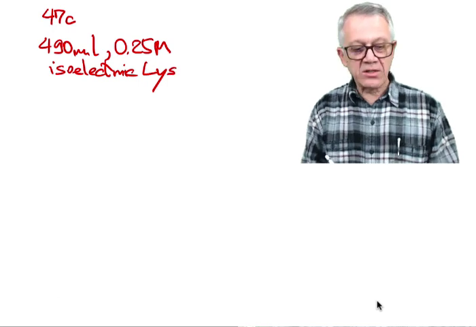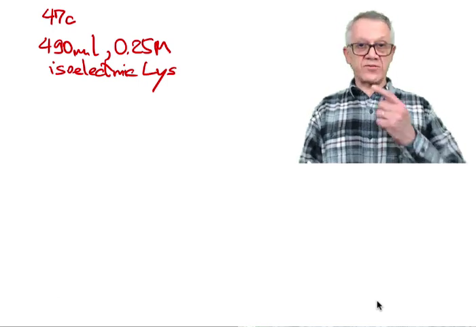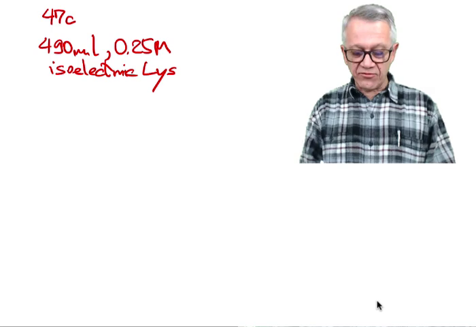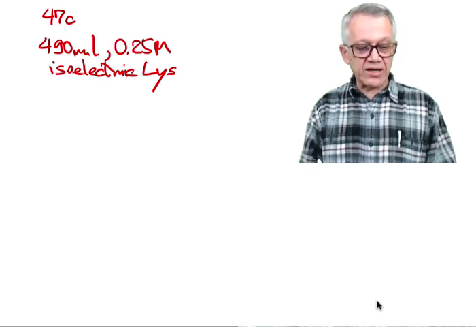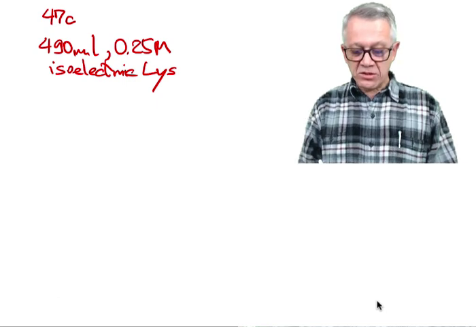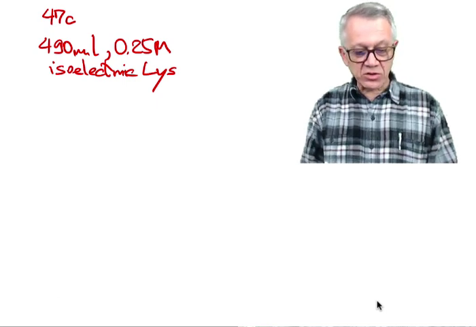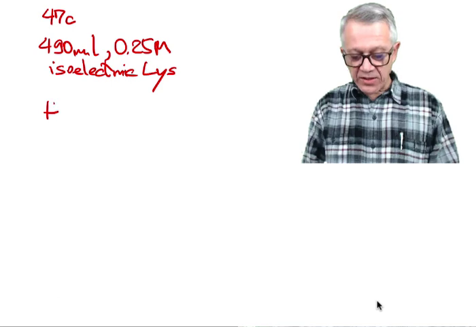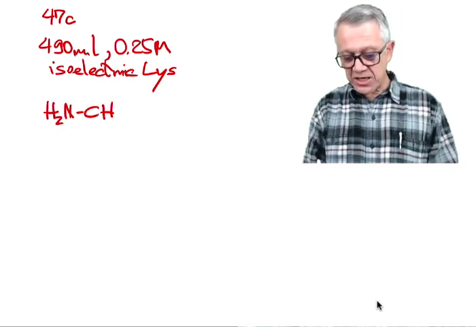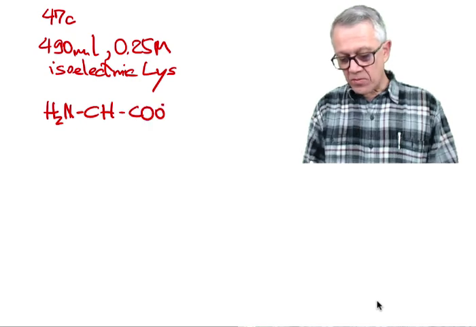All right, so let's write the structure of lysine and then find out the isoelectric form. Isoelectric lysine is going to be H2N, CH, COO minus.